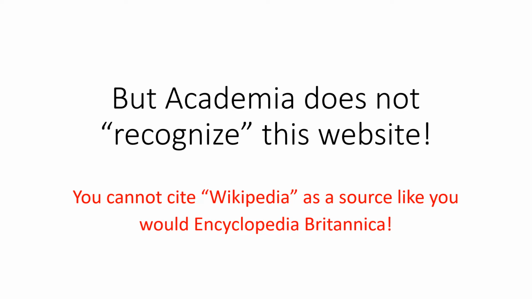You're going to see some good information that might or might not be reliable. So does that mean you just throw it away? Well, there are some ways to salvage what you read on Wikipedia.